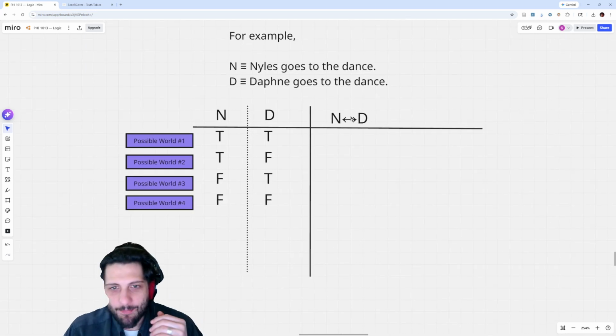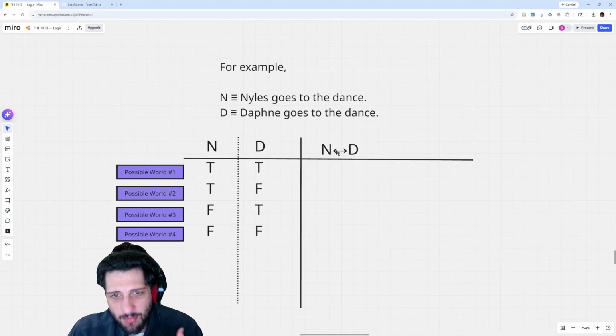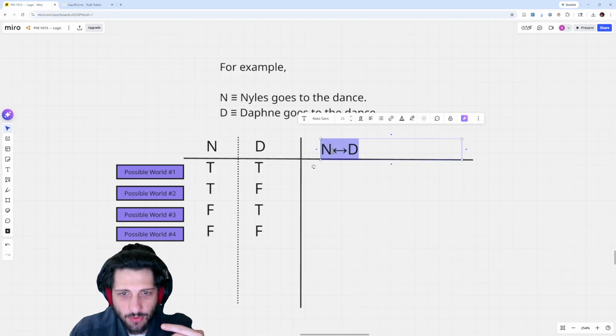So, okay, let's think about this statement. N if and only if D. Remember this double arrow here. It's trying to say that if N were true, then D would be true. And if D were true, then N would be true.